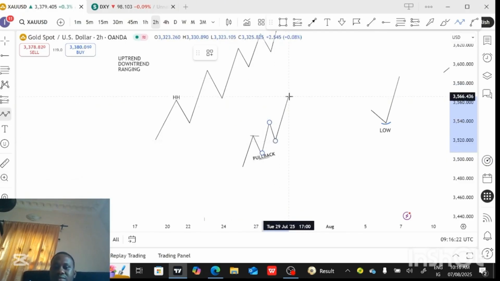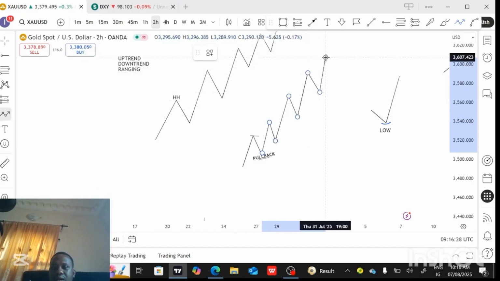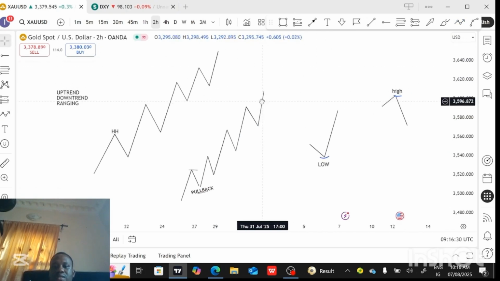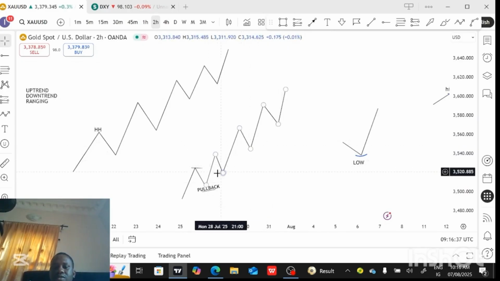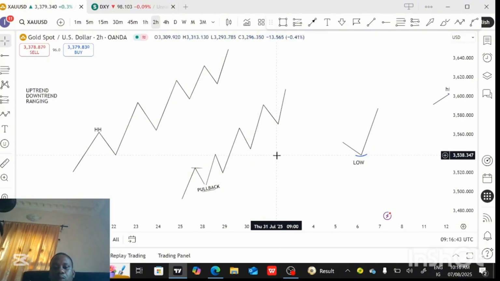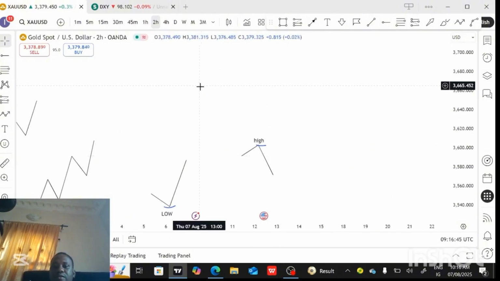So higher high, higher low, higher high, higher low, higher high. This is how to identify a valid market trend: higher high, higher low, higher high, higher low. That is that for an uptrend.